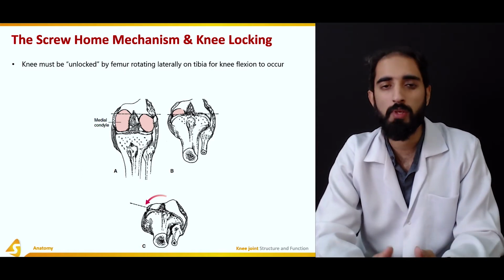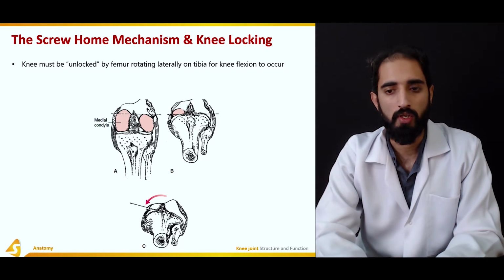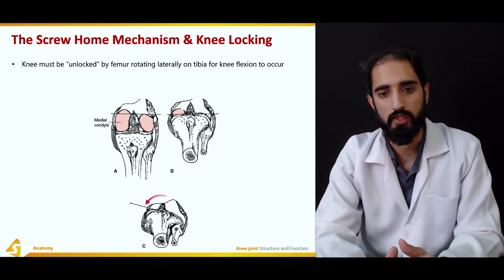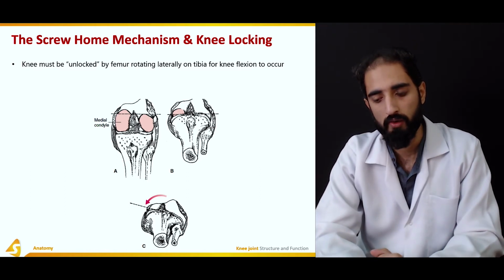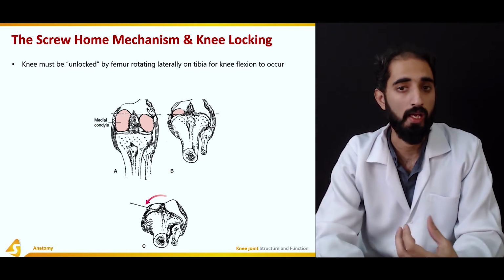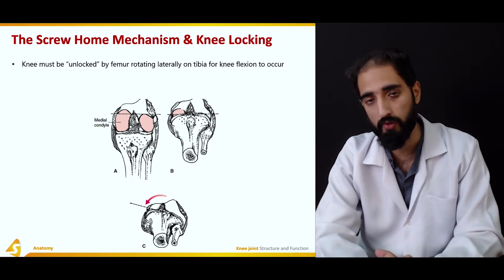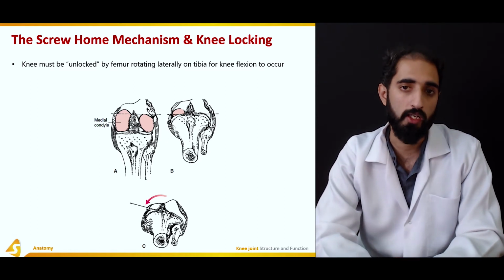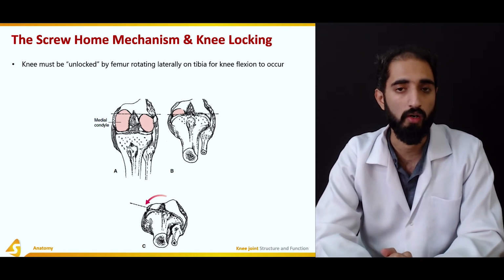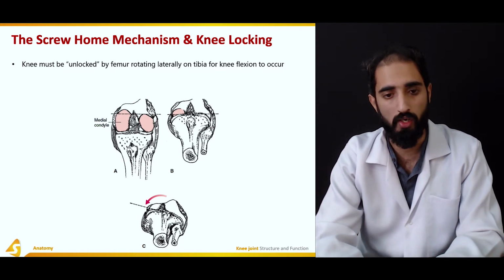Moreover, the knee must be unlocked by the femur rotating laterally on the tibia or the tibia rotating medially on the femur for knee flexion to occur. And that is why the internal and external rotation of tibia on femur or femur on tibia, which is the rotational component of the knee joint, even though it's not an osteokinematic movement, it is an arthrokinematic or accessory movement, is very important for the normal functioning of the knee joint.